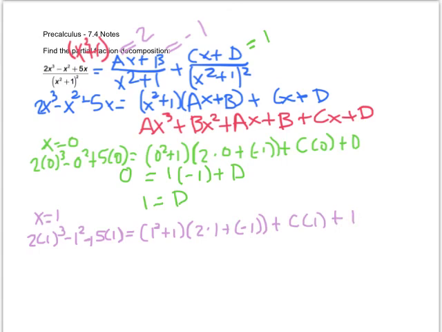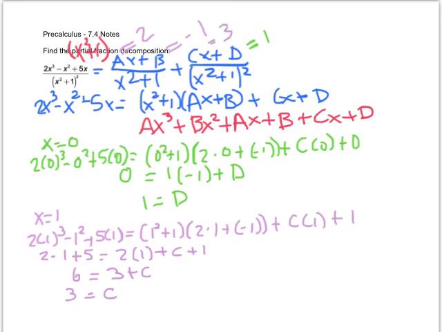Okay, and so now the only variable I got left is that guy. So now it just becomes a little numbers game here to solve it out. So this is going to be 2 minus 1 plus 5, which is going to be 6. And this is going to be 2 times 2 minus 1 plus c plus 1, which is going to be 3 plus c. And so c is equal to 3.